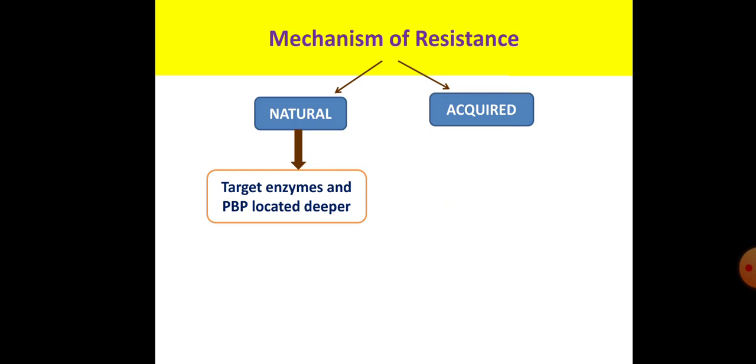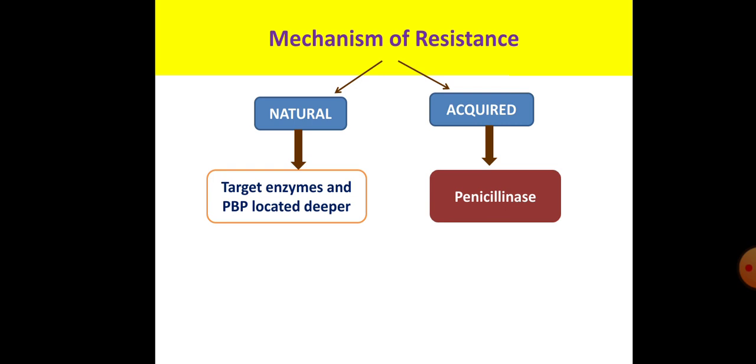So now what is the mechanism of the natural resistance? Because the target enzymes and the penicillin binding proteins are situated deeper, and that's why they are not responsive. And in the acquired, there are multiple mechanisms, but the most important and common mechanism in case of penicillin G is production of penicillinase, or the beta-lactamase.